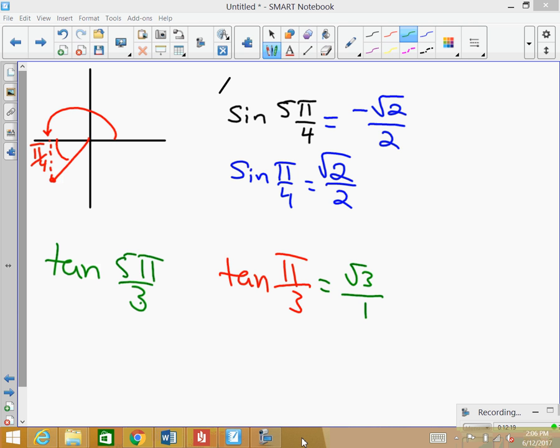But where is tan 5 pi over 3? We know what pi over 3 is going to equal, but we don't know if it's going to be positive or negative.